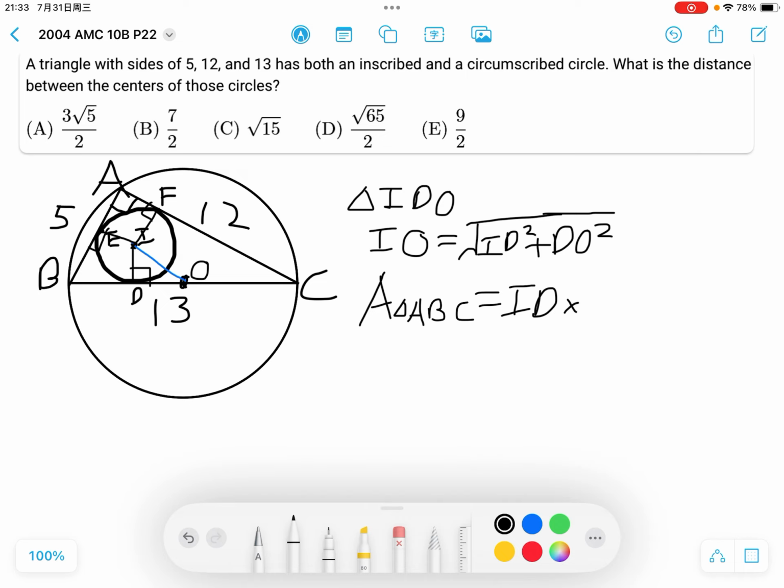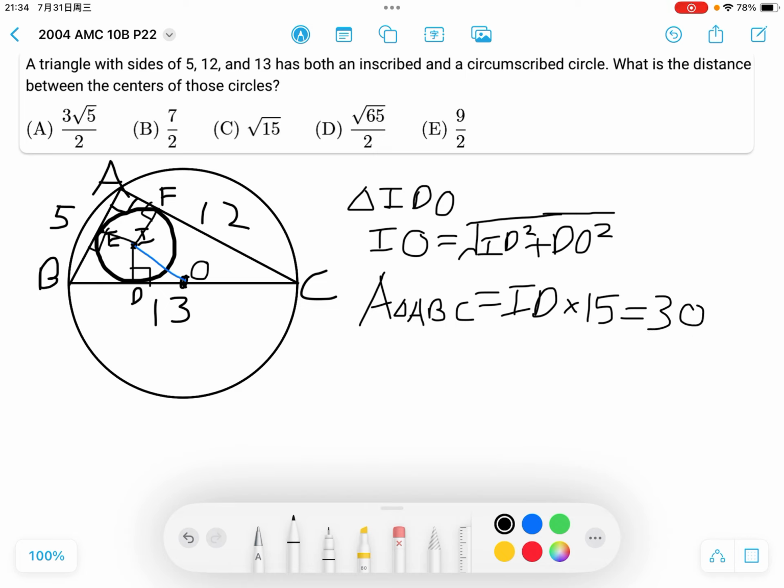The semi-perimeter means we take the perimeter of triangle ABC and divide it by 2. So we have 5 plus 12, which is 17, plus 13, which is 30. 30 over 2 gives us 15. So ID times 15 is the area of triangle ABC, which is 5 times 12 over 2, which is 30.